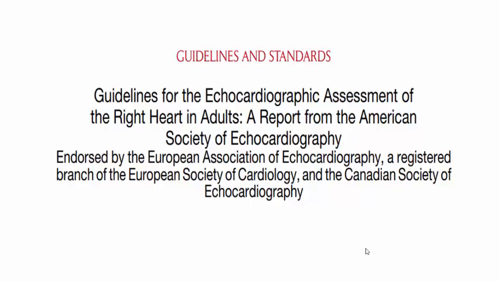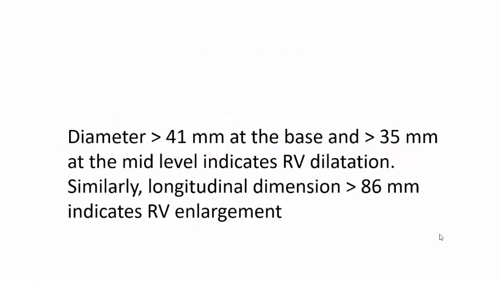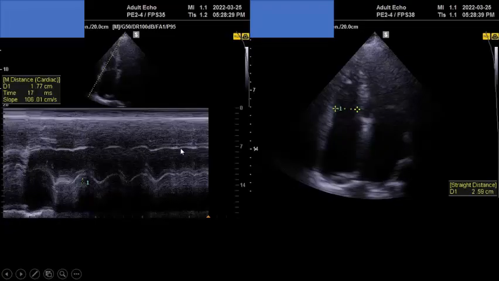What about other causes of dyspnea to exclude? Right ventricle. According to the new guidelines of the American Society of Echocardiography and the European Association of Cardiovascular Imaging, the basal diameter should be more than 4.1 to be dilated. In our patient, it's 2.5. The right side is not dilated, and TAPSE should be less than 1.7 to be impaired.